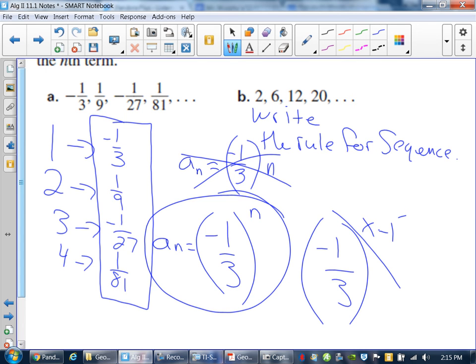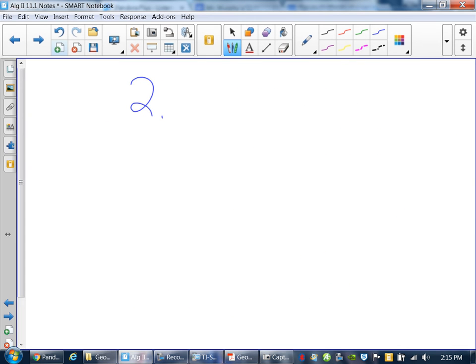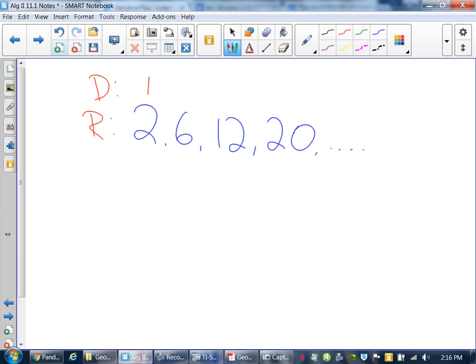2, 6, 12, 20. I'm going to write this on a separate sheet here. What I want you to think of again is if you look at it in terms of domain and range. These are my range. This is my first term, second term, third, fourth, and so on.